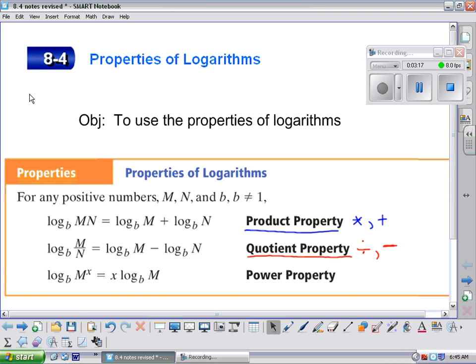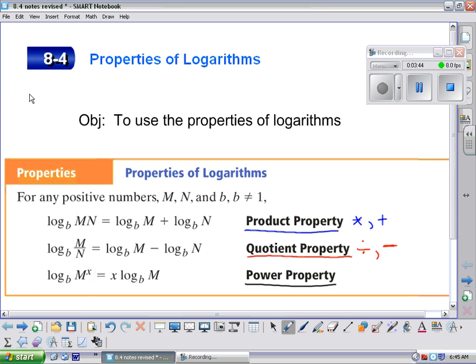The last one is the power property, and this is the one you should see the most relevance for right away, looking at the equations we've been looking at. We've been looking at a lot of equations with x in the exponent. Now what we're going to be able to do is make log statements and take this x out to the front.